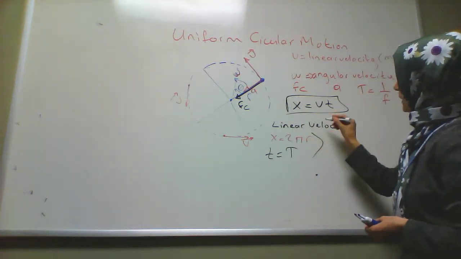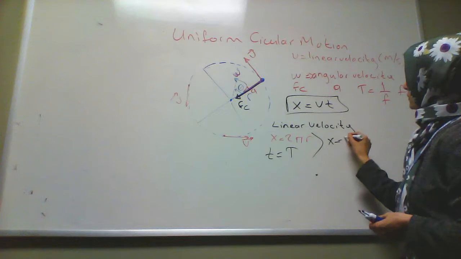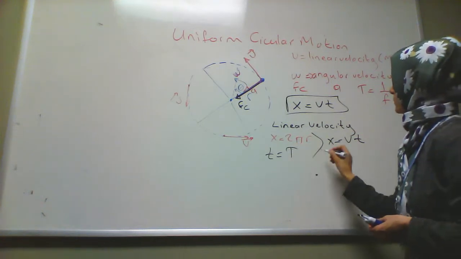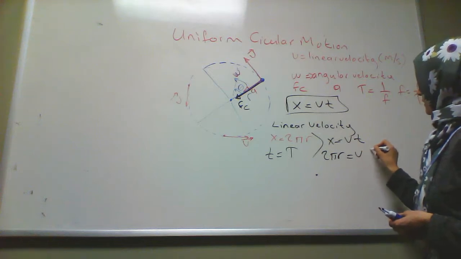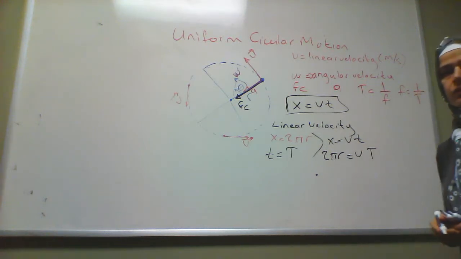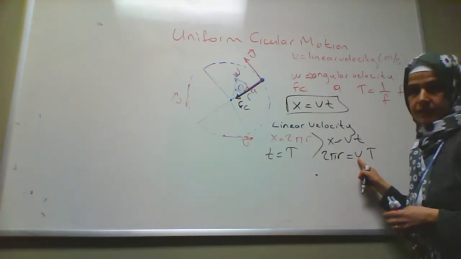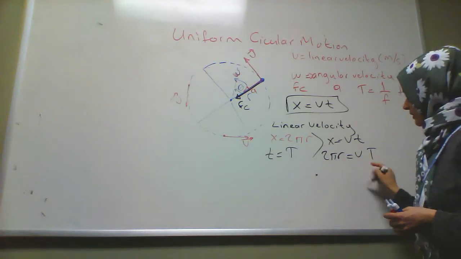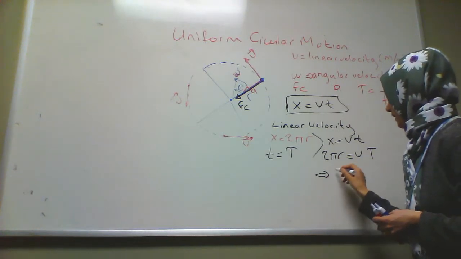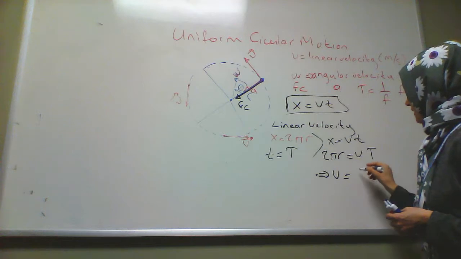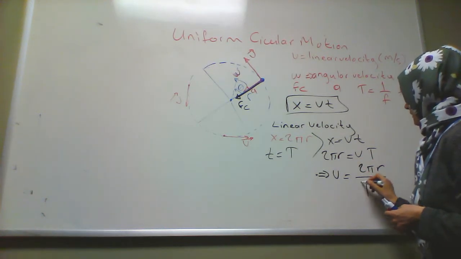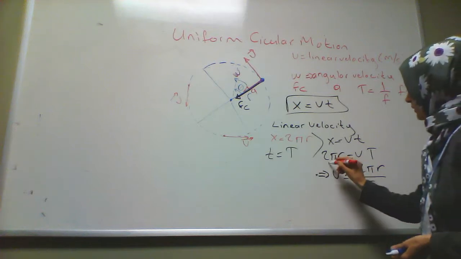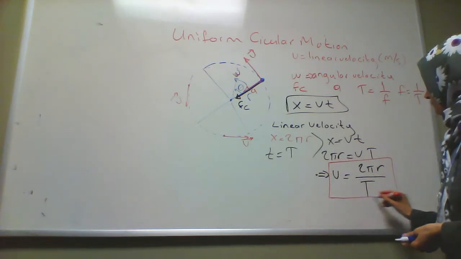Now if I apply these to here in this equation, x is equal to vt, I'll replace x by 2 pi r and t by period, so I'll have 2 pi r is equal to velocity, linear velocity times period. And from here I can find an equation defining linear velocity as 2 pi r divided by T. This is one important equation in here.